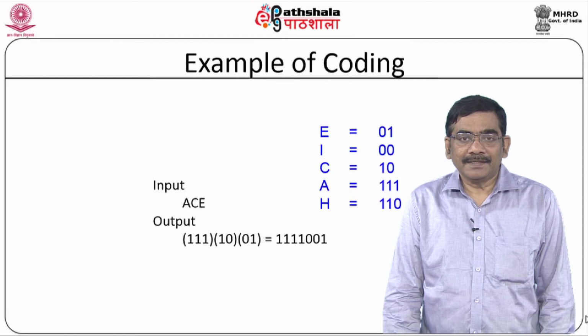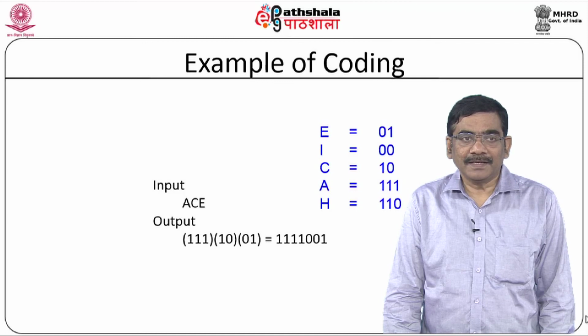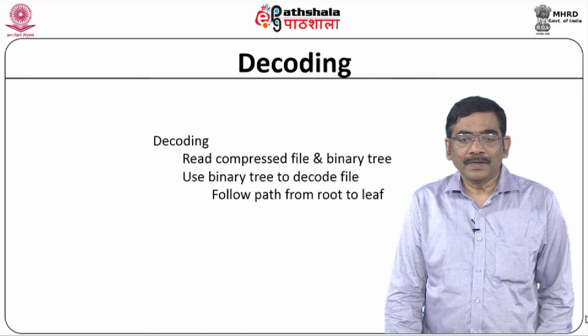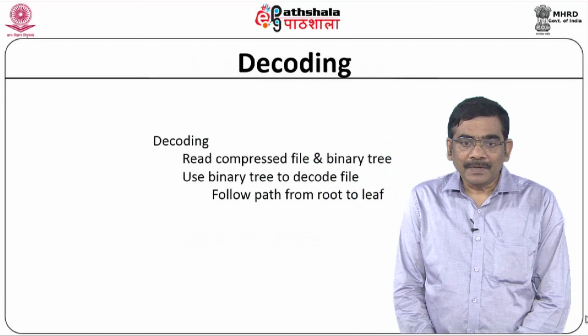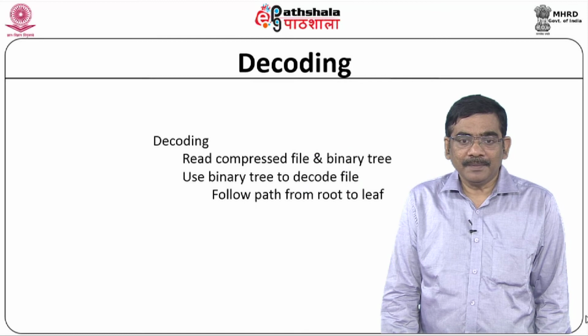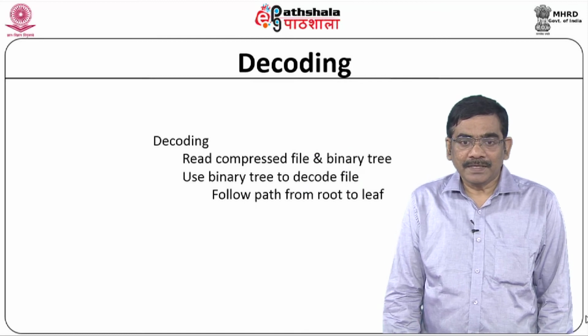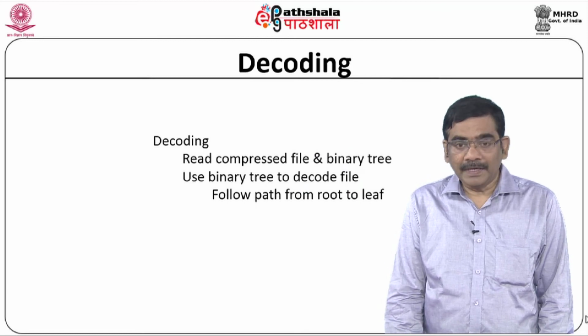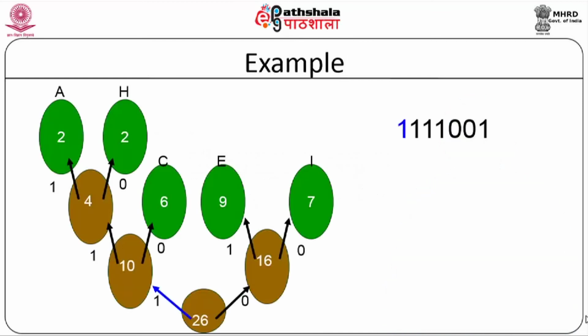So, the question is how to interpret this. Okay. The logic is very simple. The same encoding tree that we used at the sender will be used to decode. So, in decoding we read the bit stream and we use the encoding tree to decode the file content.